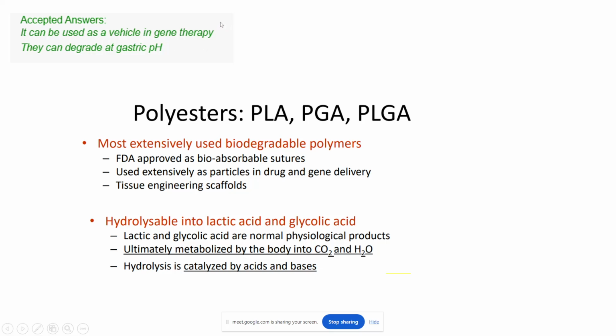The lactic and glycolic acids are the physiological byproducts after degradation of PLGA, and it gets metabolized by the body into carbon dioxide and water. It is catalyzed by acids and bases, so at gastric pH also it can be degraded. So option 2 and 3 will be the correct answer.